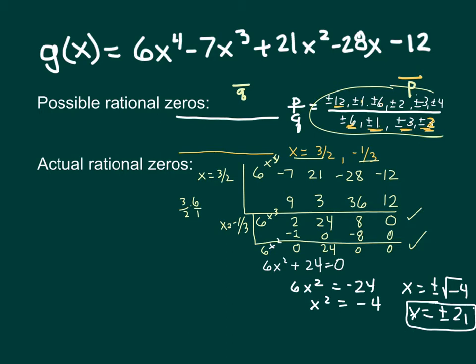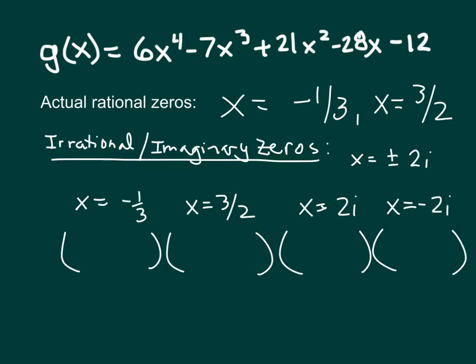So, there is my synthetic division to find the others. So finally, I'm going to find my linear factors. Now, to recap, we use the P over Q in our graphs to help us get the actual rational zeros.